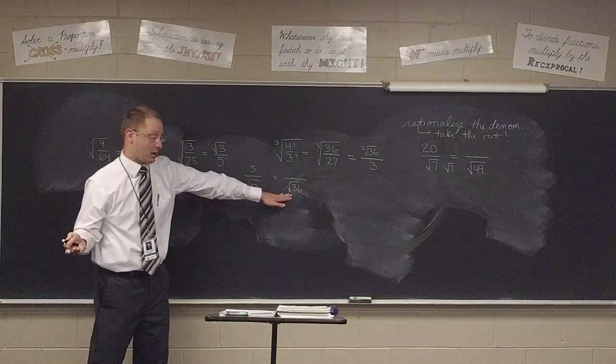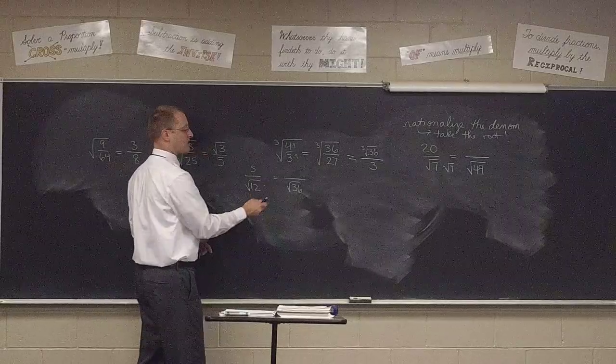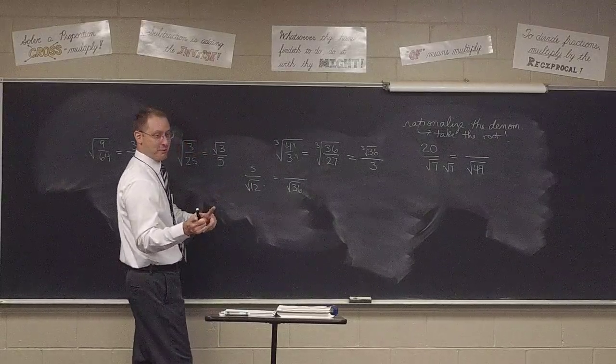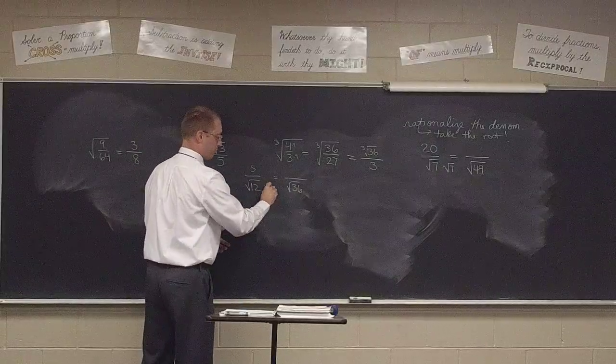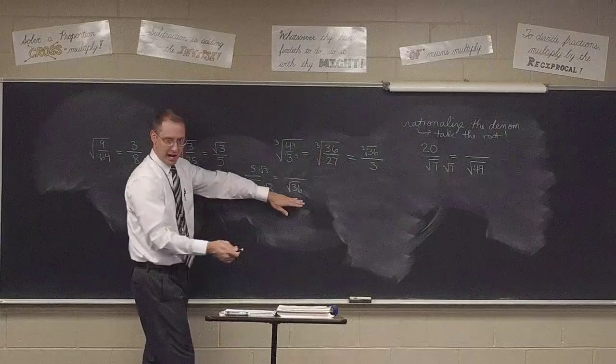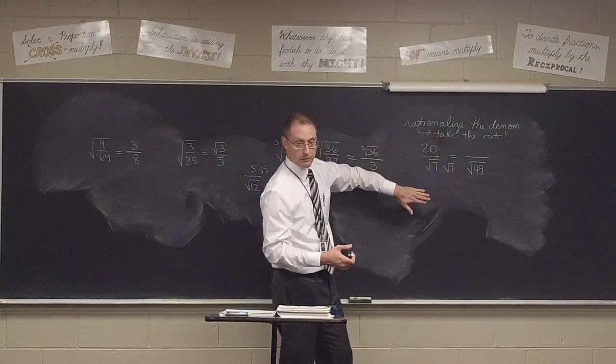That would still come out rationally. So here I would multiply the square root of 12 by, not by 3, that'd be 3 square root of 12, but by the square root of 3. So again, I don't always have to multiply something by itself to get a rational denominator, but in this case I do.